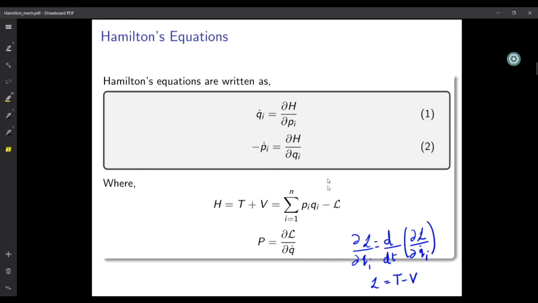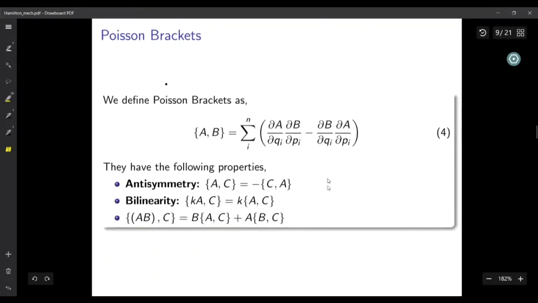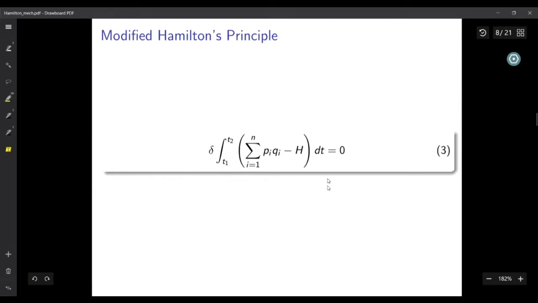Rewinding back to our previous lecture, for the principle of least action, what does that state? Delta S is equal to 0, right? If we rearrange this a little bit, we get sigma piqi minus H equals the Lagrangian, right?